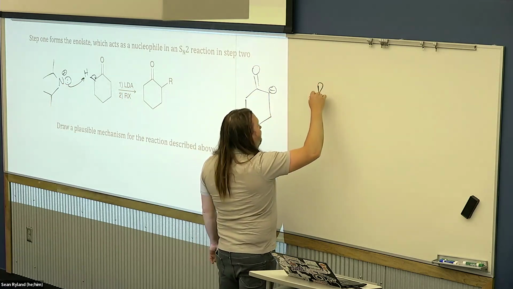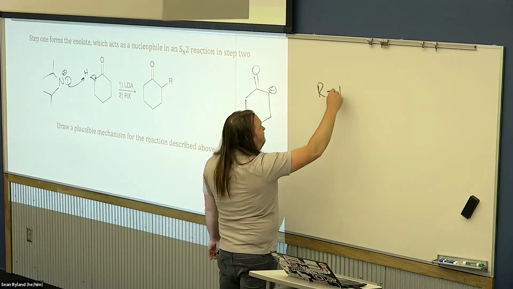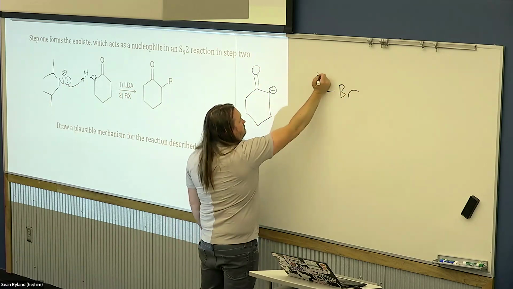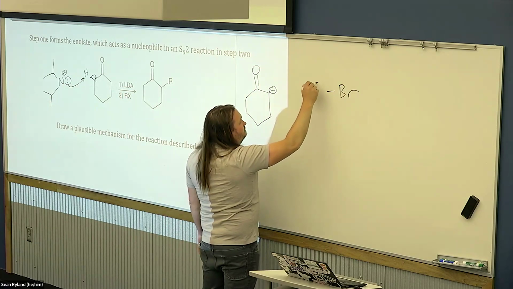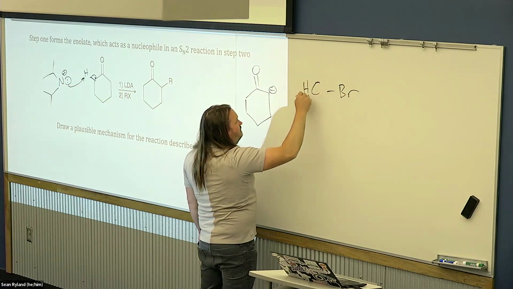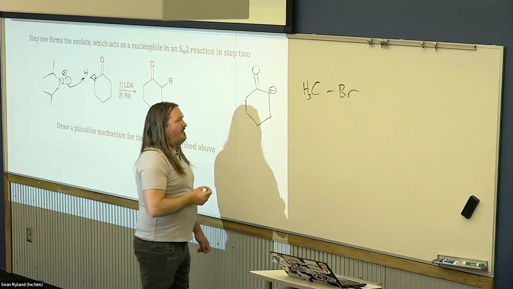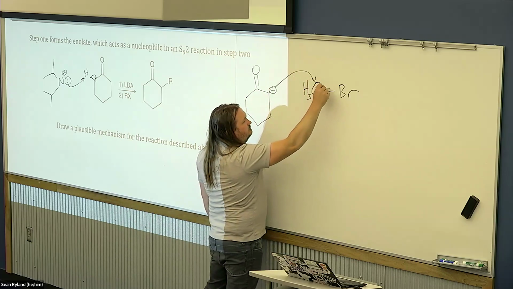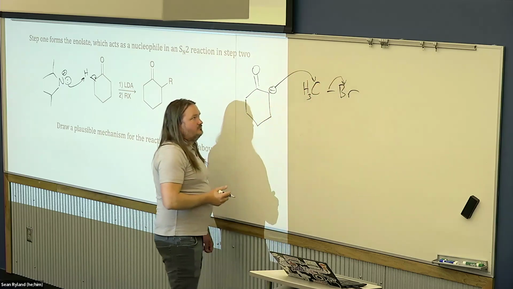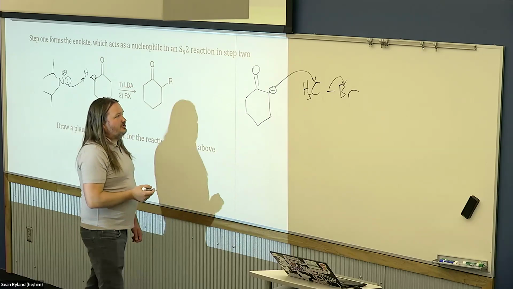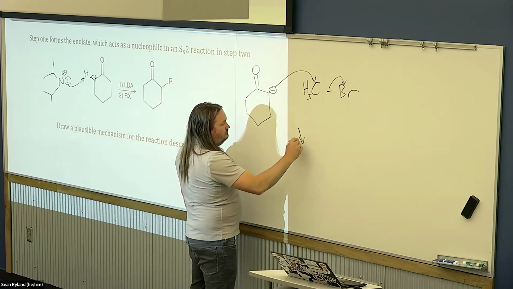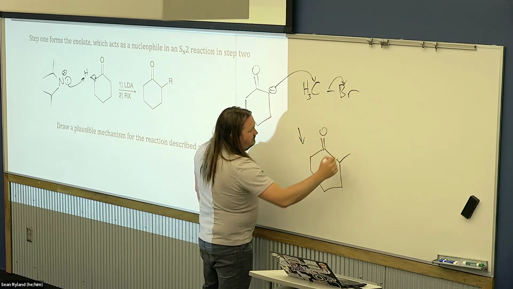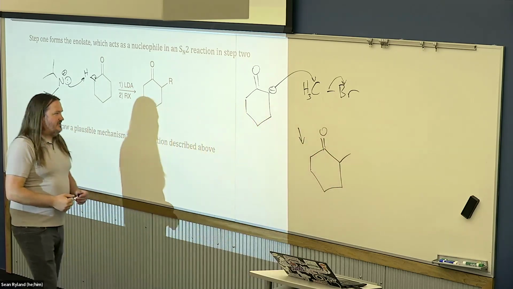Then we just have an R group with a leaving group attached, let's say bromine. So great for SN2.